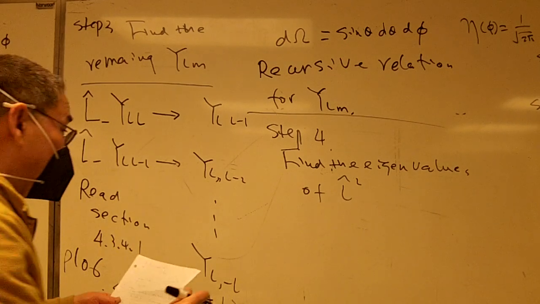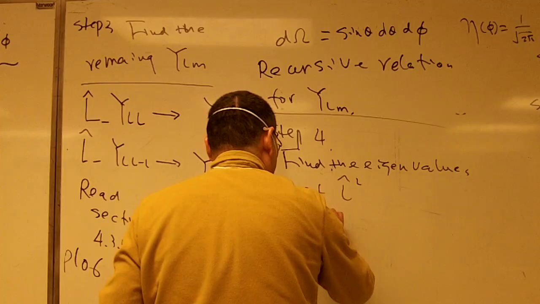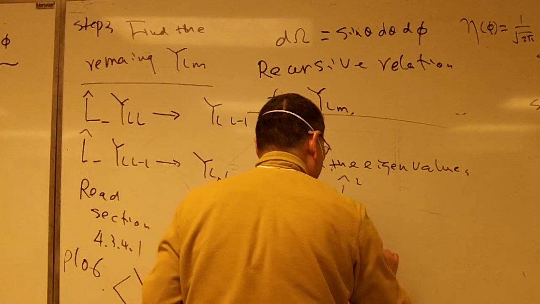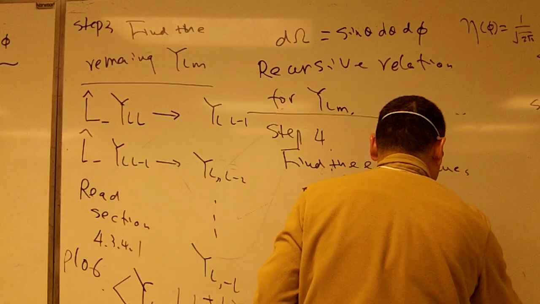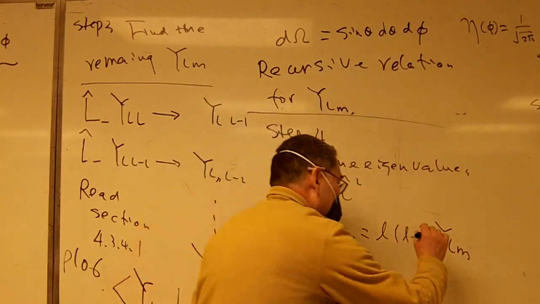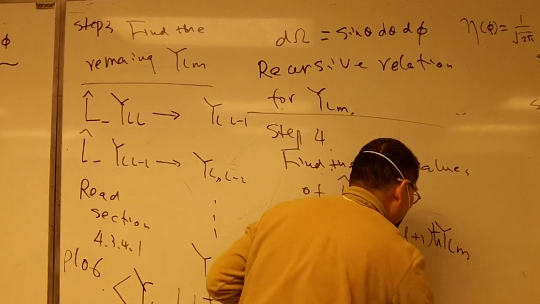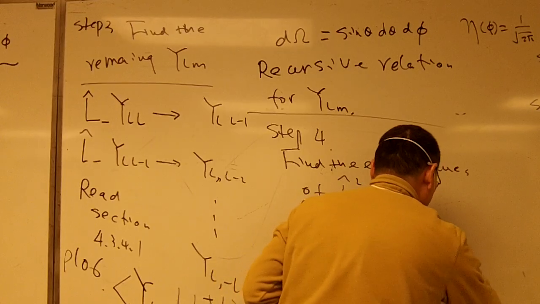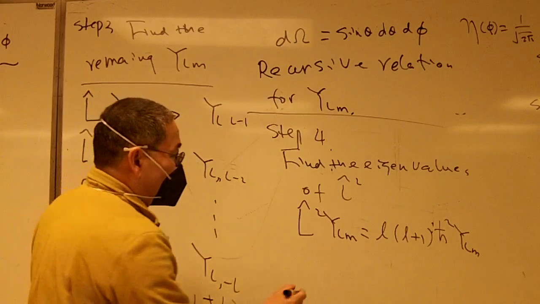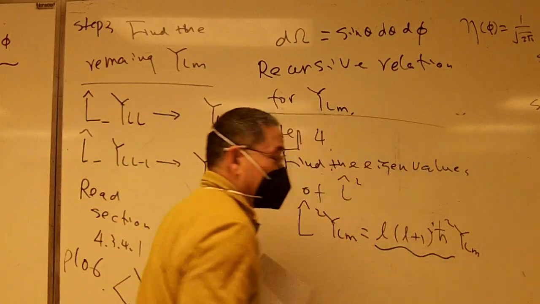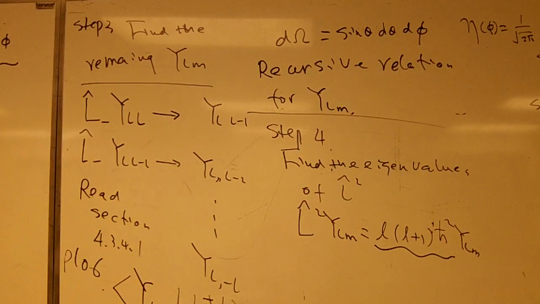So L squared Y_Lm is going to equal L times L plus 1 times, sorry, h bar squared, Y_Lm. H bar should be here. So the eigenvalue is this part. That's the eigenvalue itself. And this eigenvalue is very strange.